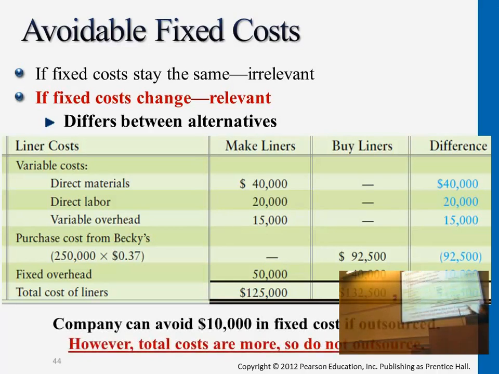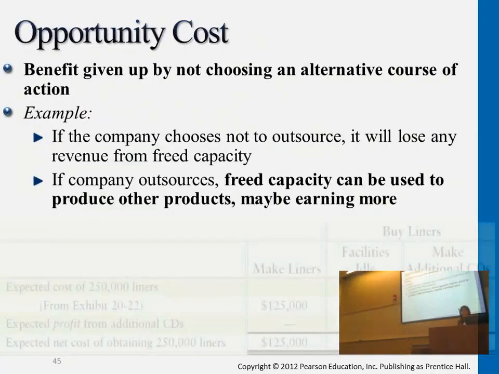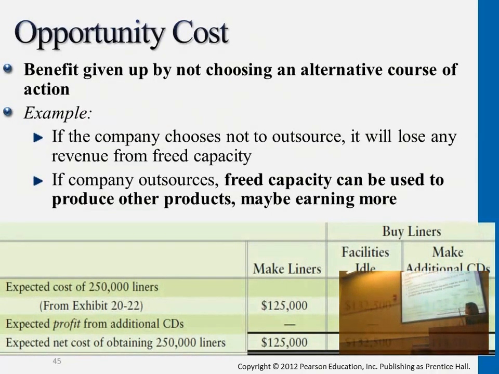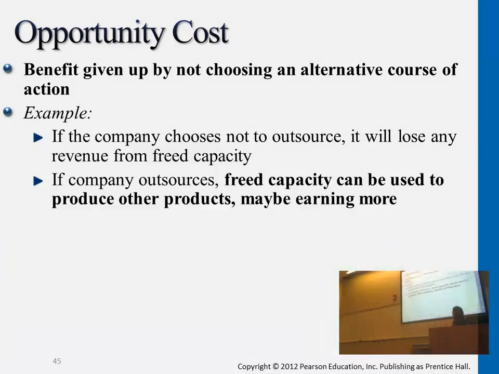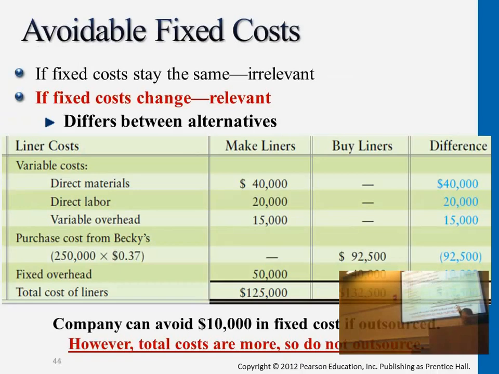In that case, this will not be $132,500, because if we take it out, we need to also consider any profit that we're getting out of it. So this is considered opportunity cost. Meaning if we don't choose the outsourcing decision, what are we giving up? We're giving up $132,500, which seems great at this point.